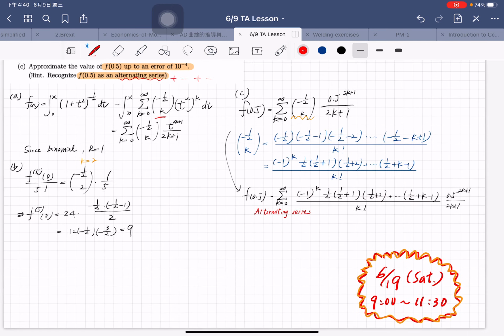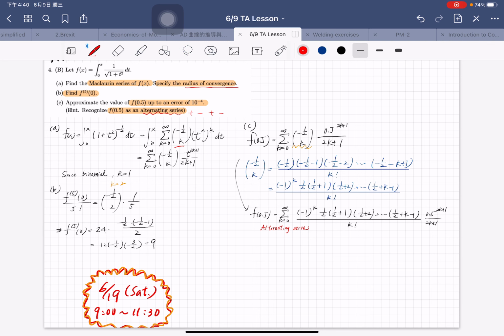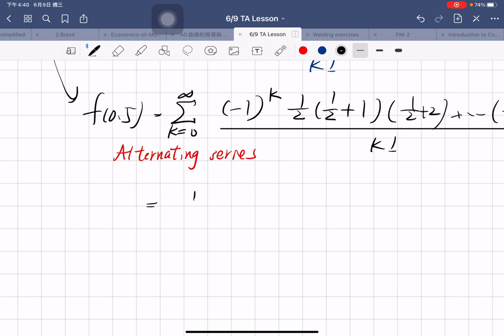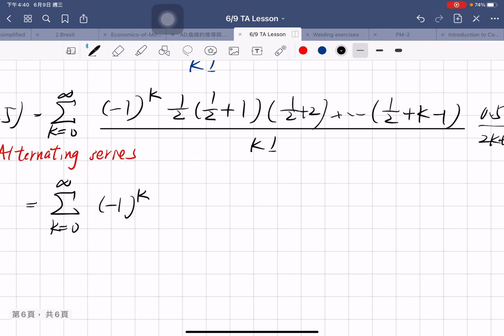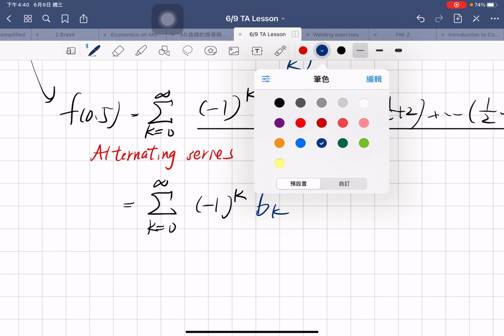Okay, so for the alternating series, we start with this. We take the minus 1 with k power out. So all the other terms we can turn into b, let's say b_k. Now we recall the part of alternating series.